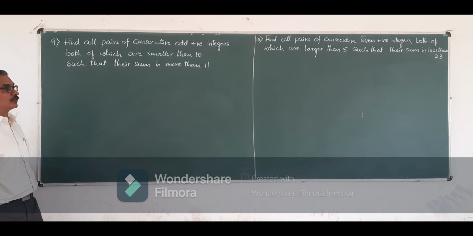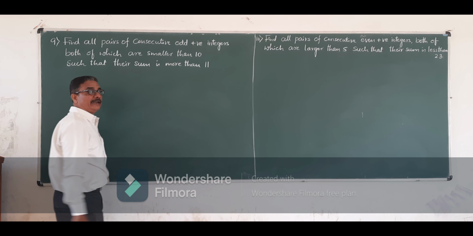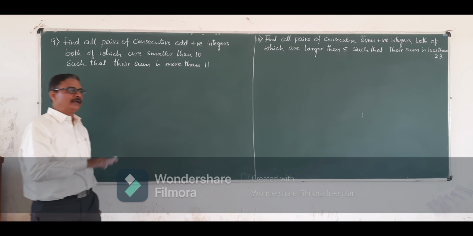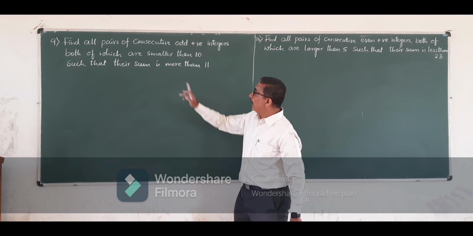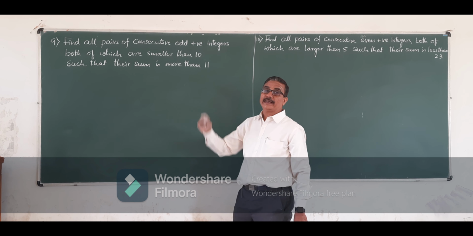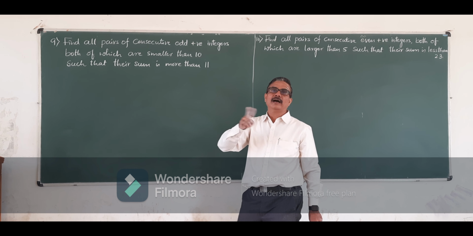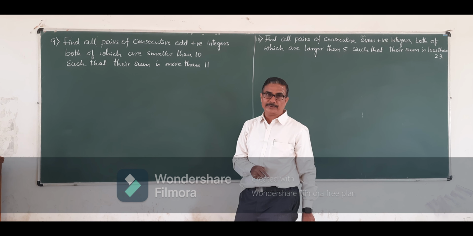Take a pair of odd positive integers such that both are smaller than 10. Both the numbers are less than 10, and when we add the two numbers, their sum is more than 11. So what are the ordered pairs of consecutive odd positive integers?